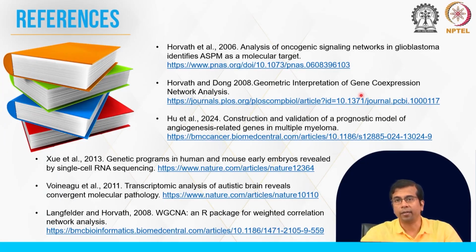So if you are interested in the details of how this method works and how you pick out these modules, please go through this. And then of course you have different papers that mention some of the applications of this method, and the final one is for the R package.